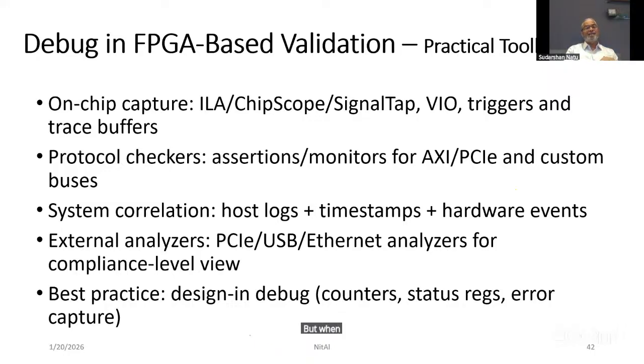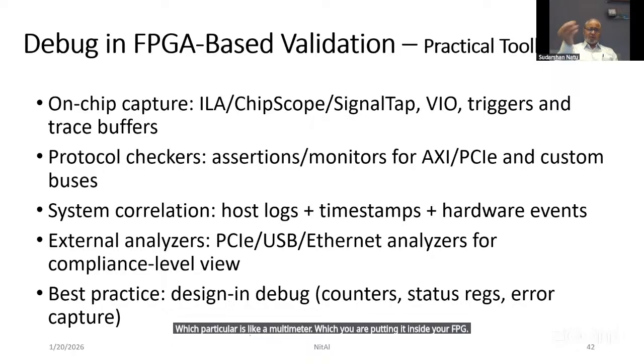But when your design is completely validated, you don't need them. The beauty of it is that it's like a multimeter which you are putting inside your FPGA, or an oscilloscope which you are putting internal to the FPGA, or writing a software building block internal to your FPGA. So these are the various methodologies one has to use.